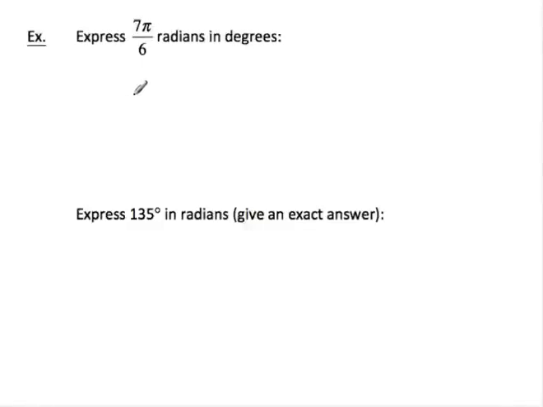To look at an example, we're asked to express 7 pi over 6 radians in degrees. Now, we can recognize that this is in radians because there's a pi in the expression. Also, if it doesn't have a degree sign or any other measure of a unit, then we know we must be in radians. So we've got 7 pi over 6, and we want to convert it from radians into degrees.